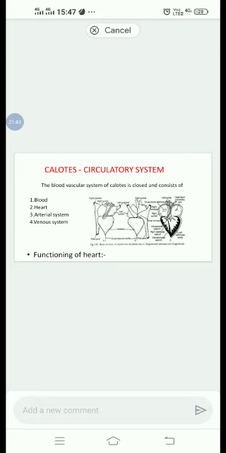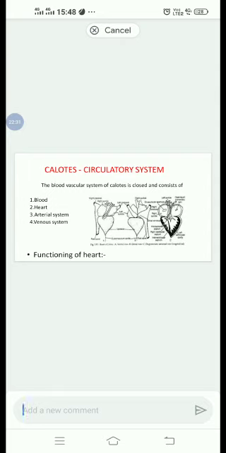Next, an incomplete interventricular septum divides the lumen of the ventricle incompletely into a right chamber, cavum pulmonale, and a left chamber, cavum dorsale. Three arches, the right and left systemic and the pulmonary, arise from the ventricle.